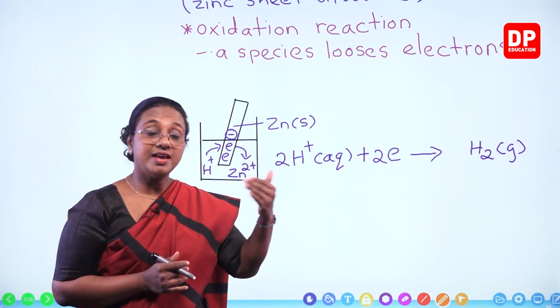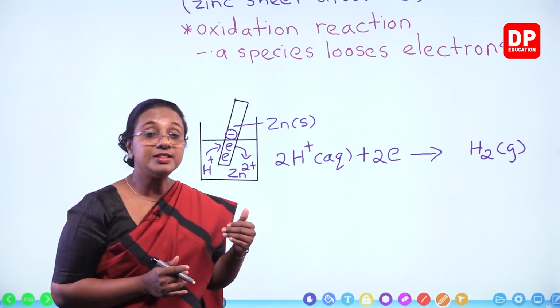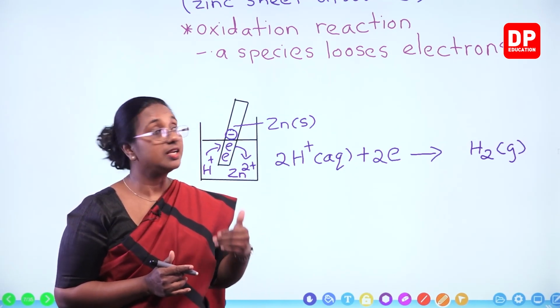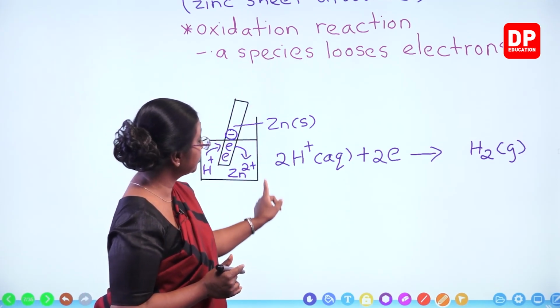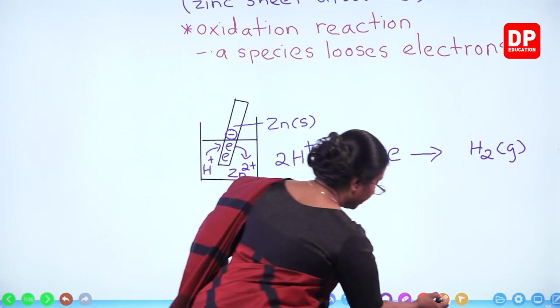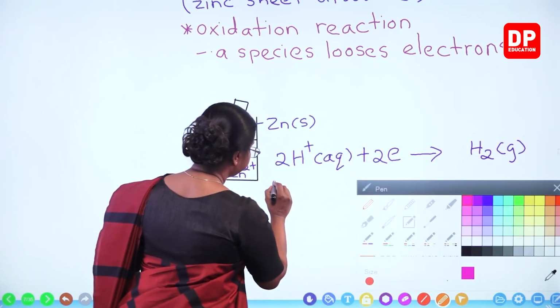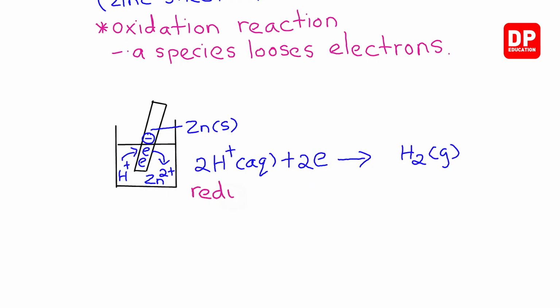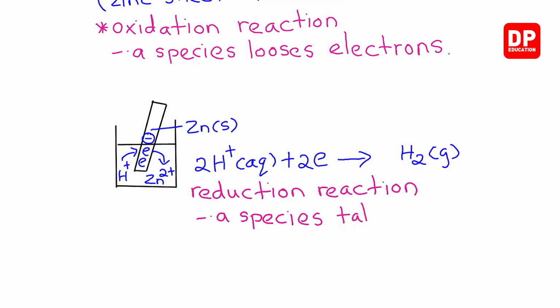When a species takes up electrons, we call that a reduction reaction. Now this is oxidation, this is reduction. A reduction reaction is a species taking up electrons.